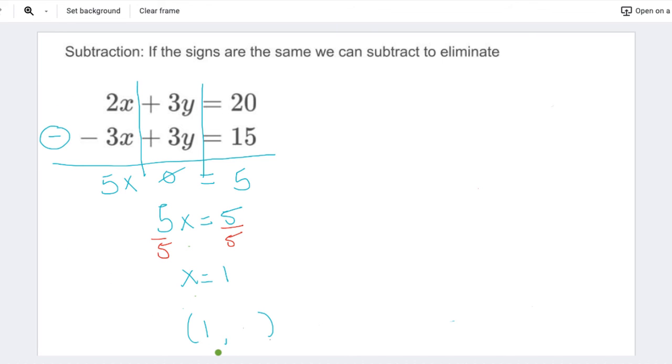So now that we know the first half of the solution, we're just going to substitute that back in to one of these spots. I'm just going to use the top one. Two times 1 is 2, so 2 plus 3y equals 20. Subtract that 2 from both sides.